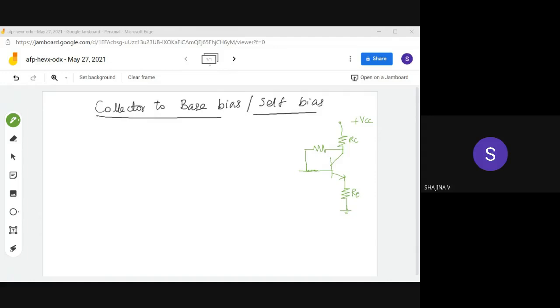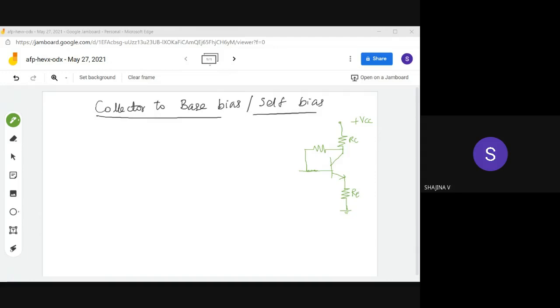Now I can write VCC minus VBE. I am taking all the terms containing IB to the right side, so that I can write IB into beta RC plus RC plus RB plus 1 plus beta into RE.